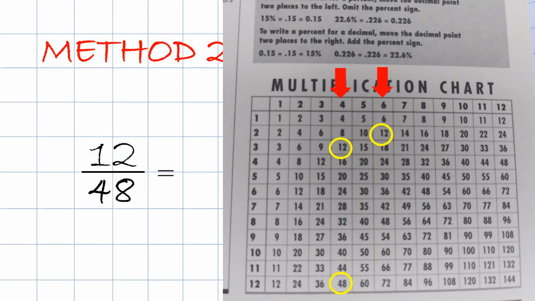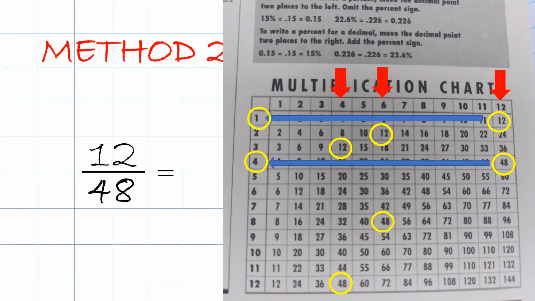We see that column number 6 has a 12 and a 48. Also, column number 12 has a 12 and a 48. And we always find the greatest common divisor or the factor. In this case, it will be 12. So when we draw the line straight to the left, we get the answer 1/4.